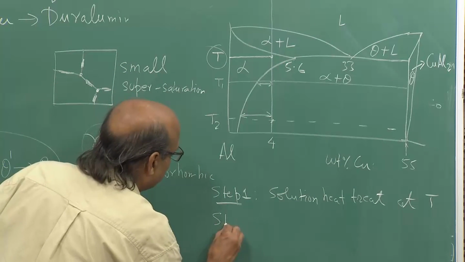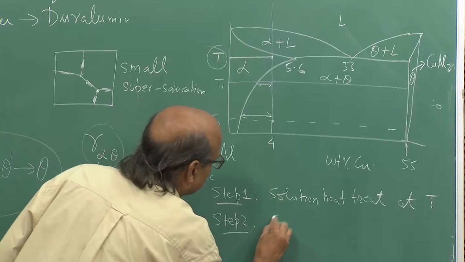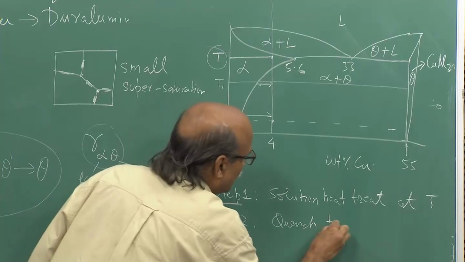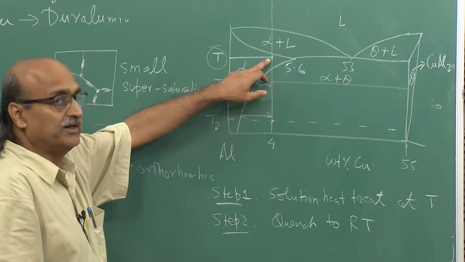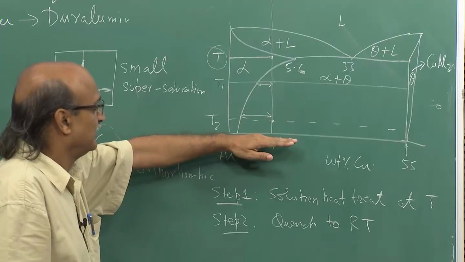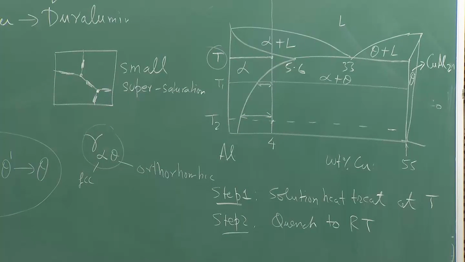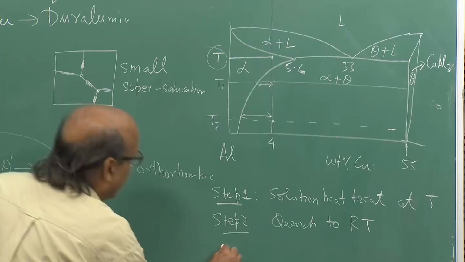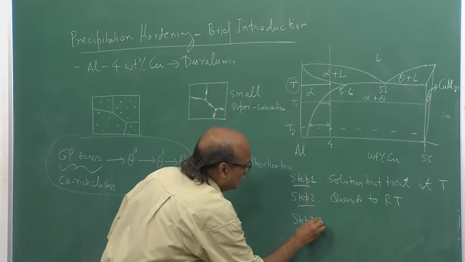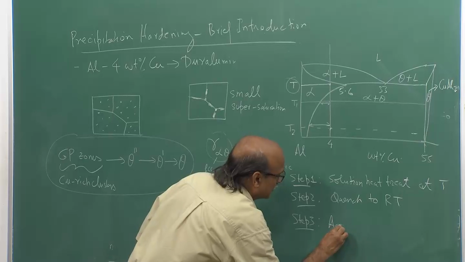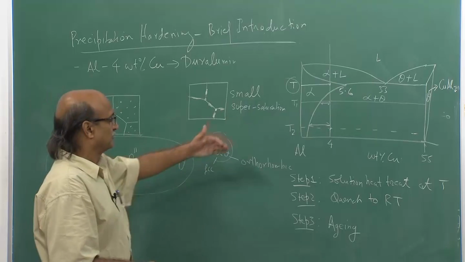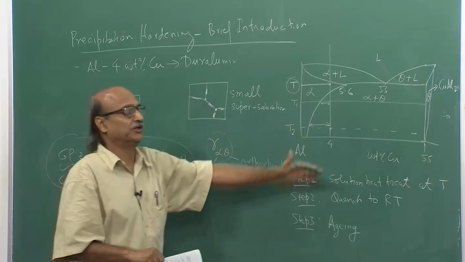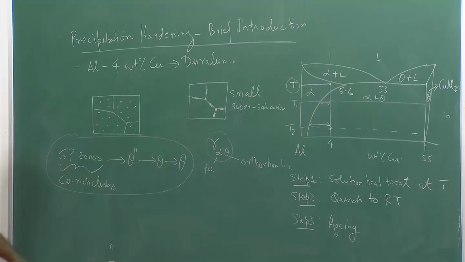Then step 2, quench to room temperature. As a result, the high temperature alpha phase is retained with a very high supersaturation of copper in aluminum. And the last step, step 3, is the aging step, where you age at a specific but low enough temperature so that you get fine precipitation.